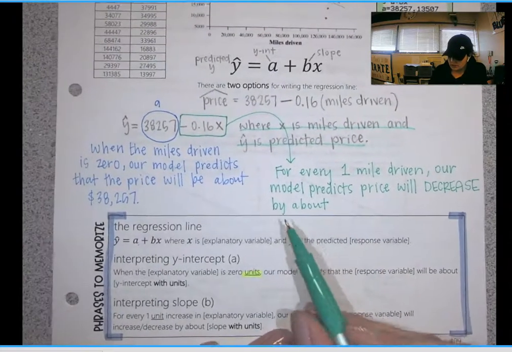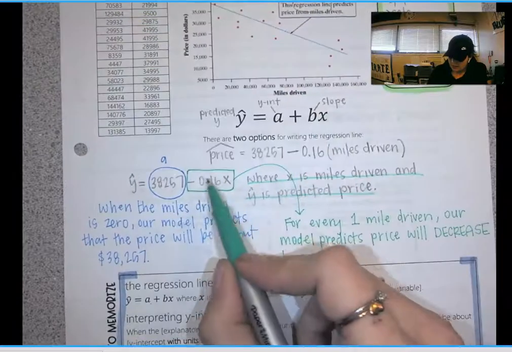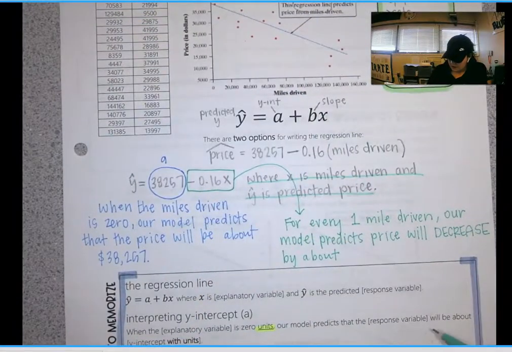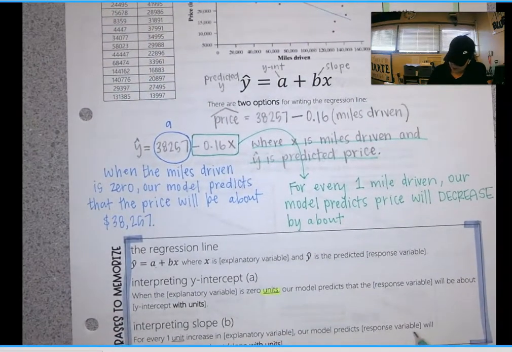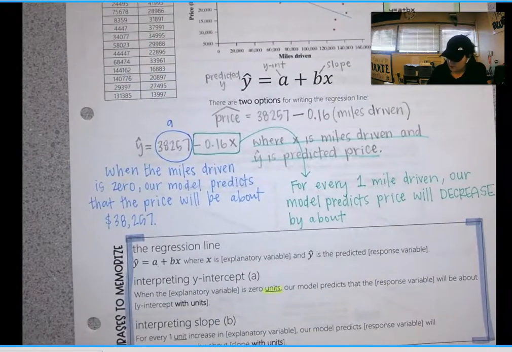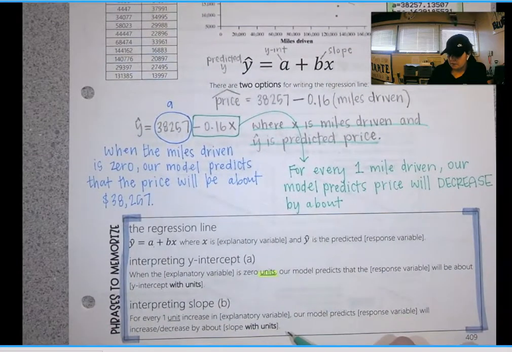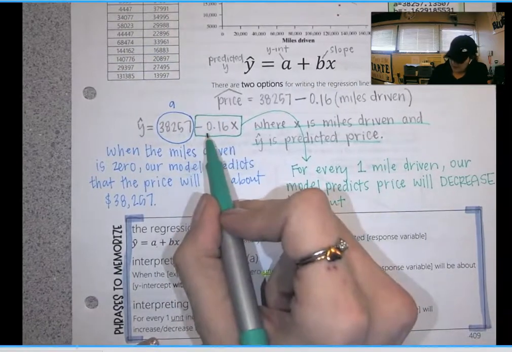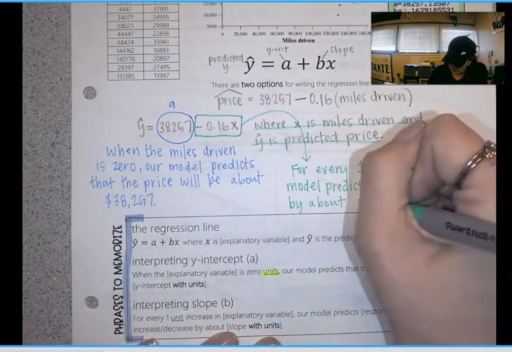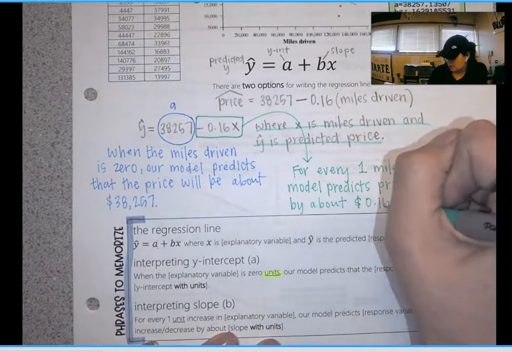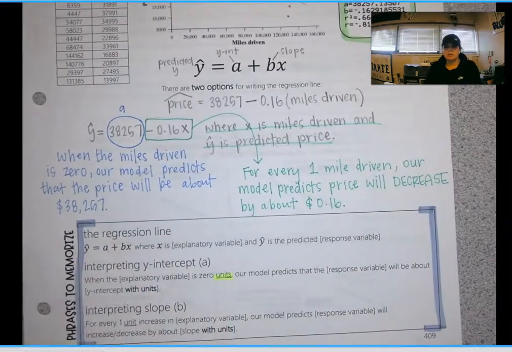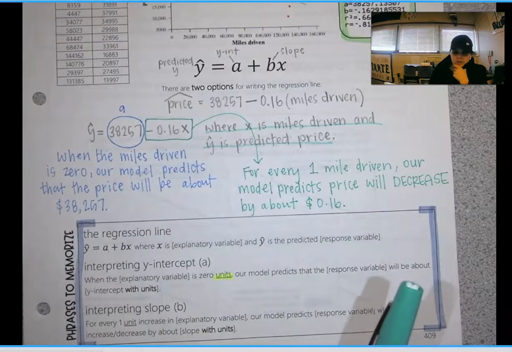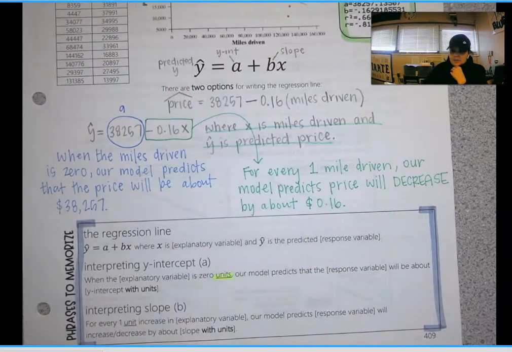Slope with units. So our units for this is money. Our response variable is decreasing by money. So slope is 0.16, so we're going to say $0.16. And then let's talk about what that means. So for every 1 mile driven, our model predicts that price will decrease by about 16 cents. So that makes sense to me.